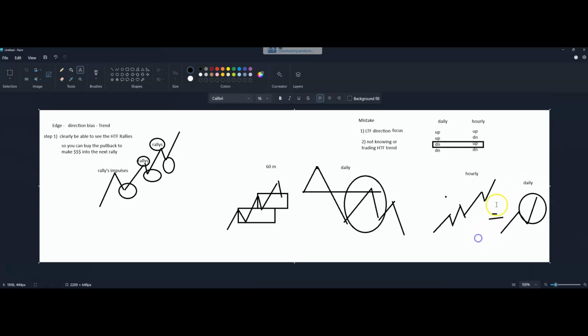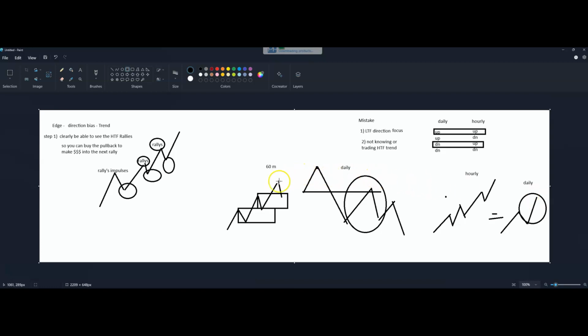Right? So this whole uptrend is really equal to just one hourly leg, hourly rally, right? So this scenario is a very strong scenario, right? And that would be this one. So it's in an uptrend, and this is also uptrending and all of that.